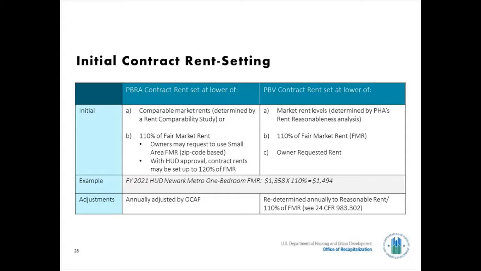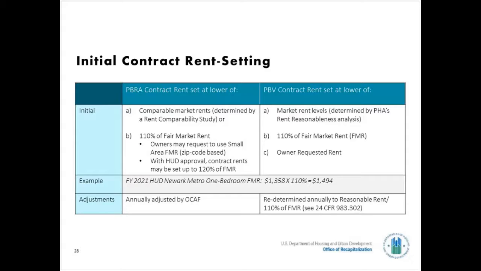So here we have an example where in the Newark metro area, the one bedroom FMR is $1,358. And at 110%, it's bumped up to $1,494. So if that was the lesser of in one of the scenarios above, that would be the rent for your project.